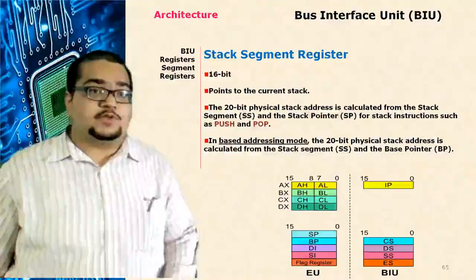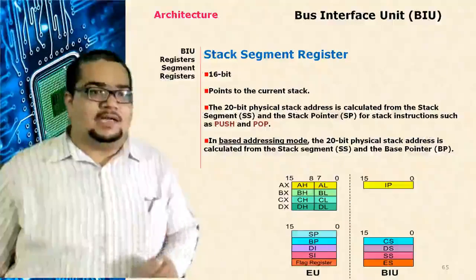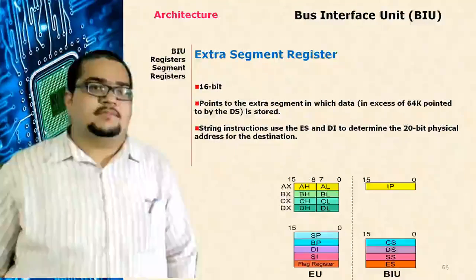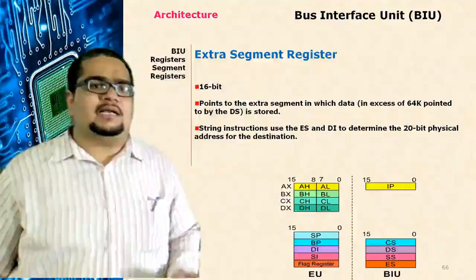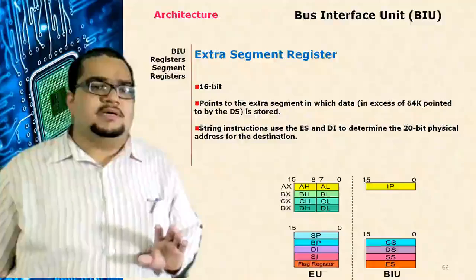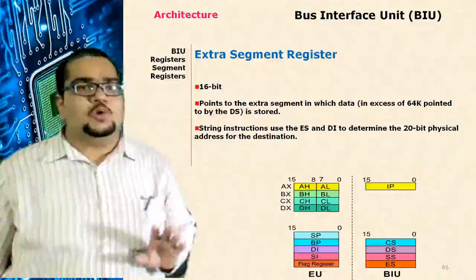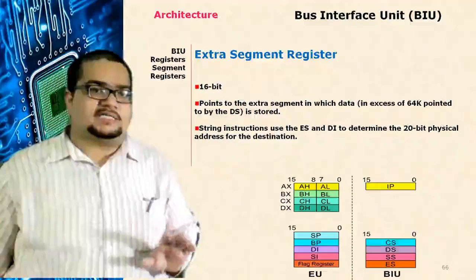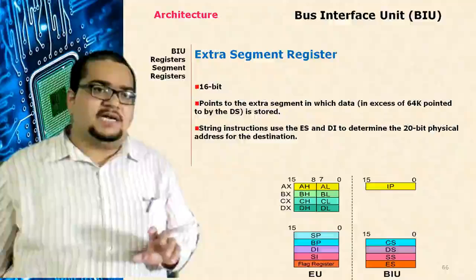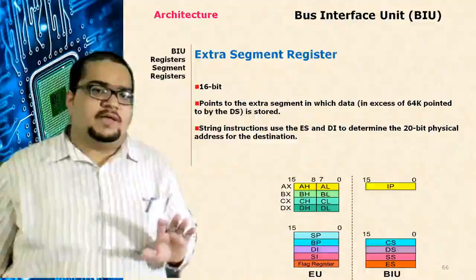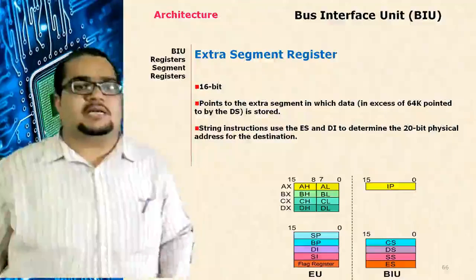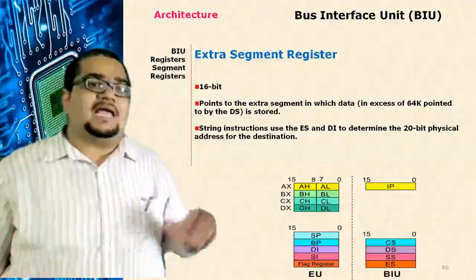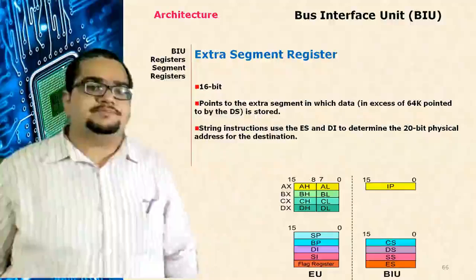The stack segment register is used for storing the segment address of stacked memory, in which the data is placed one upon other. The extra segment is similar to the data segment register. It also holds the address of data which is randomly arranged, just as your data segment. So it's basically an extended area for storing data, where the data segment of memory is the normal area where the data has to be stored, and the extra segment is the extended area where the data can be stored.